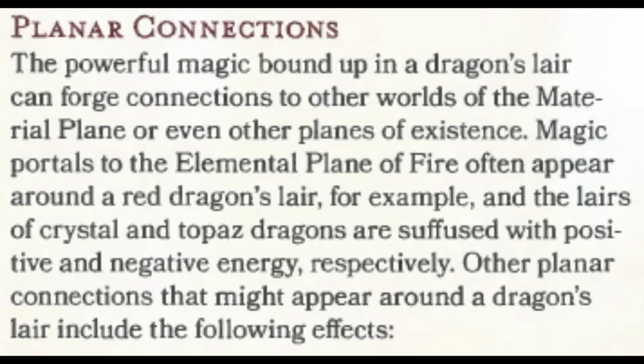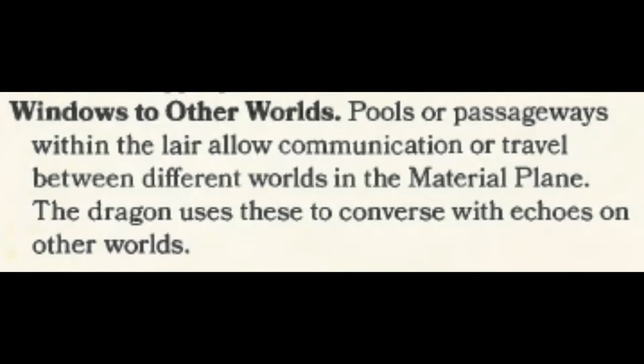And for planar connections, I went with windows to other worlds. Holes or passageways within the lair allow communication or travel between different worlds in the material plane. I thought that was cool, and I might discuss it later.